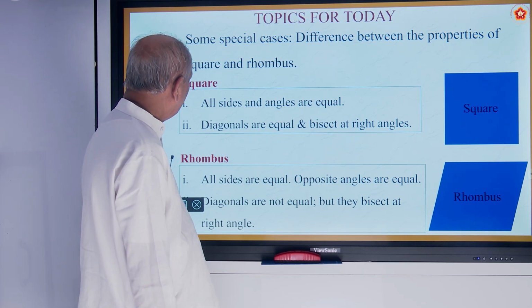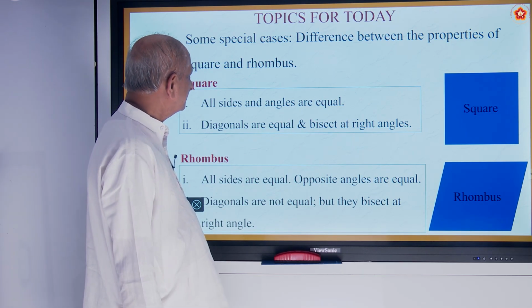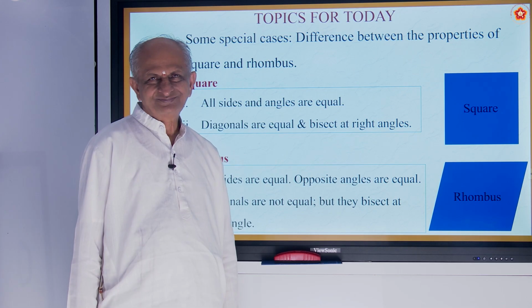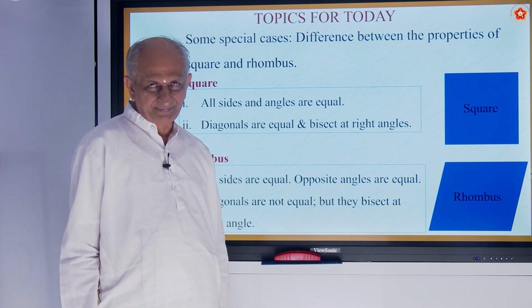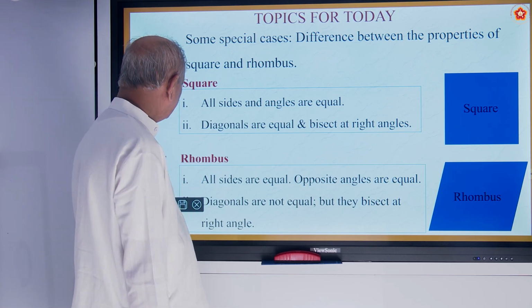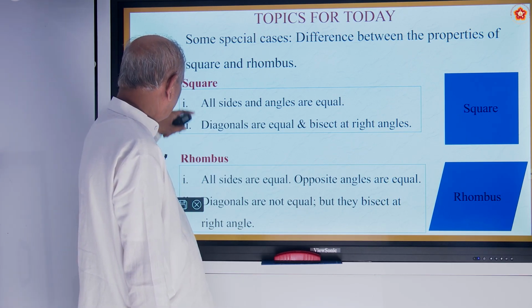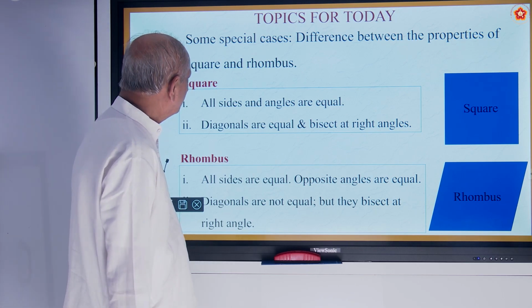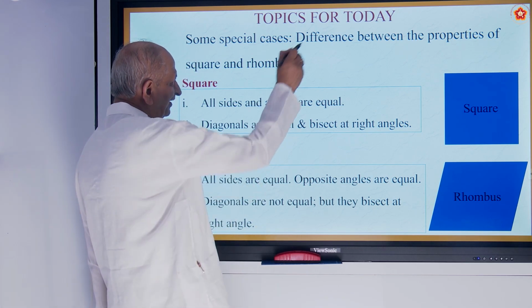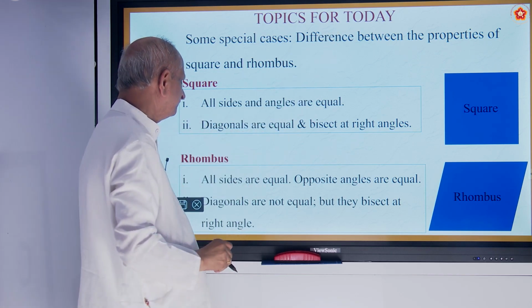Now coming to today's topic, some special cases. In quadrilaterals, we have 5 different types, out of which square and rhombus are special quadrilaterals. So for that you must know the difference between the properties.